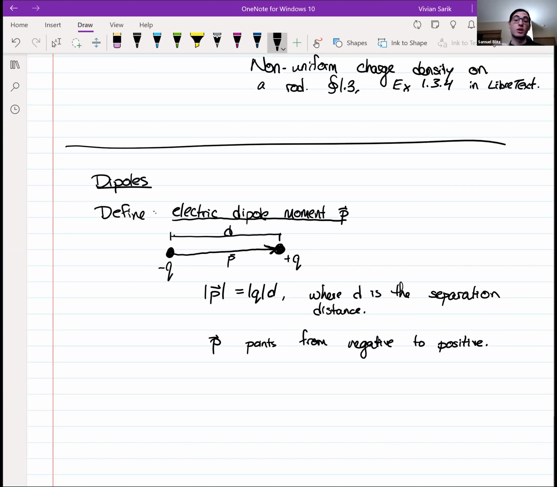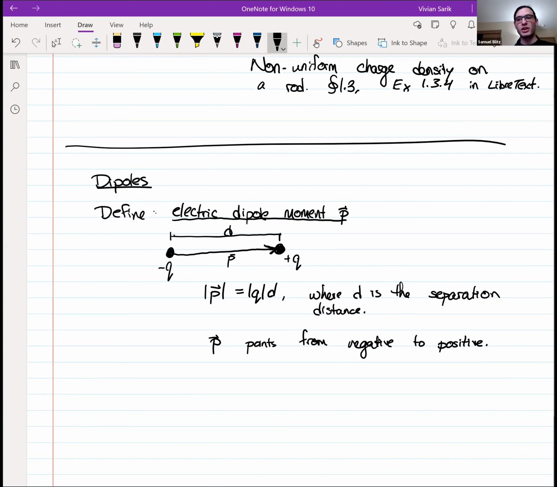That's all. I've defined the electric dipole moment for you. An electric dipole is defined as having the same charge on either side. If they don't have the same charge on either side, it's not a pure dipole. So the electric dipole moment P is the vector that has magnitude q times the distance between the charges and points in the direction from negative to positive. That's all the electric dipole moment is.